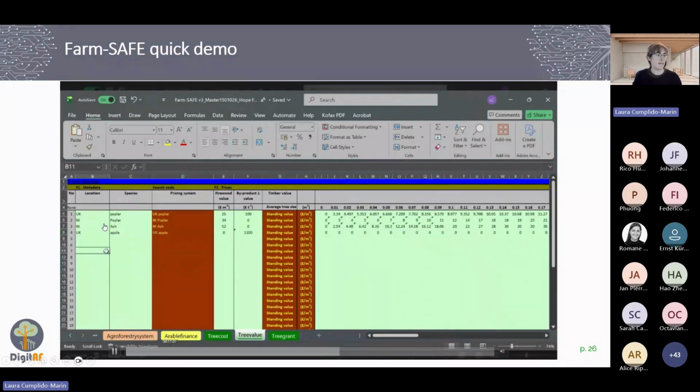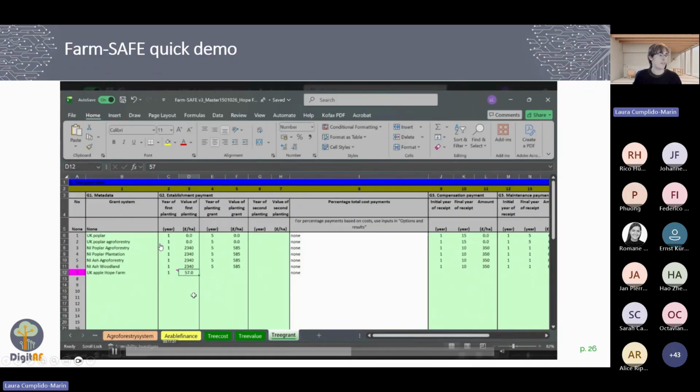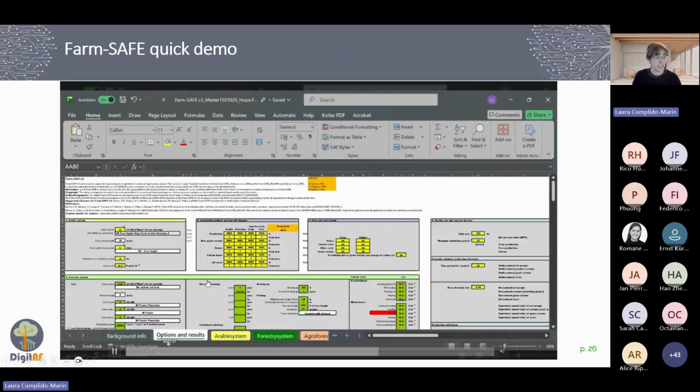Then we complete the value of the trees, either in timber or in actual yield of fruit, for instance. And then we move on to the tree grant, and we complete the value of your grants. And once we have all the data, we move on to the options and results tab.